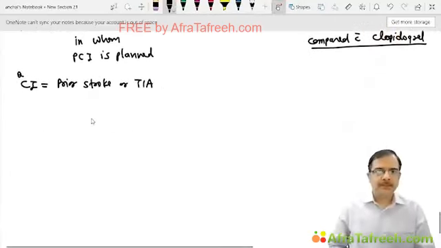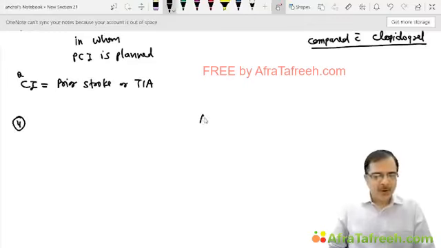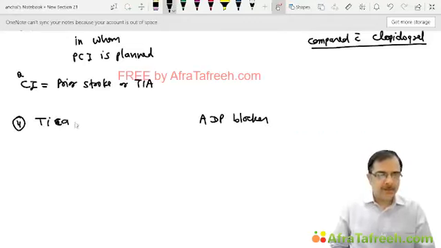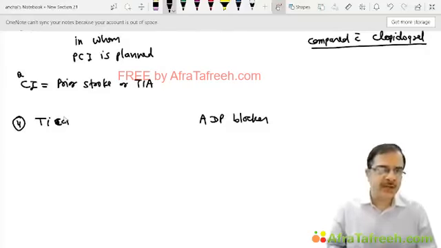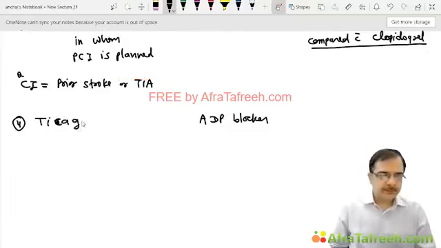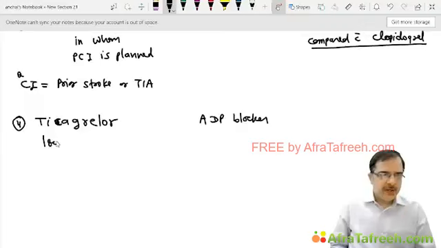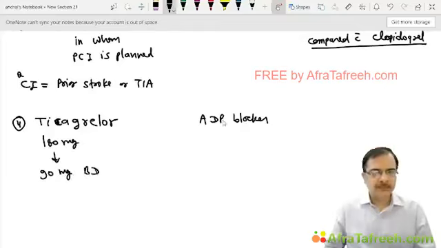Now the fourth agent, it is an ADP blocker. This is now a preferred agent along with aspirin. It is given in a loading dose of 180 milligrams followed by 90 milligrams twice a day.